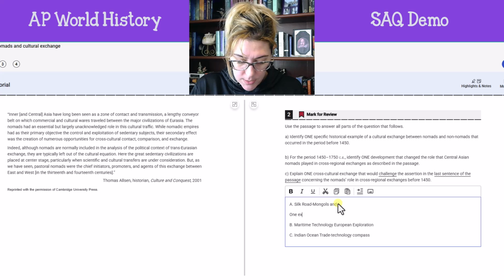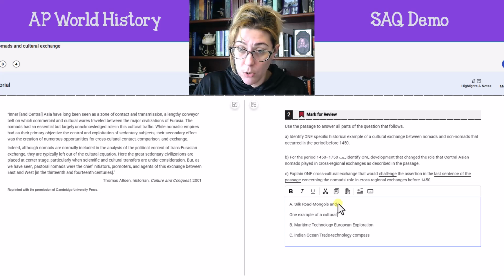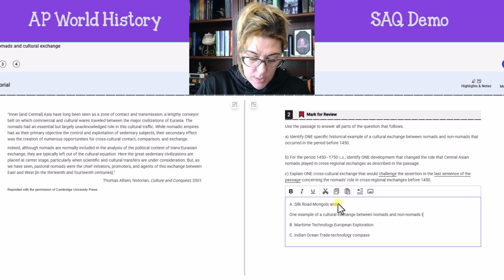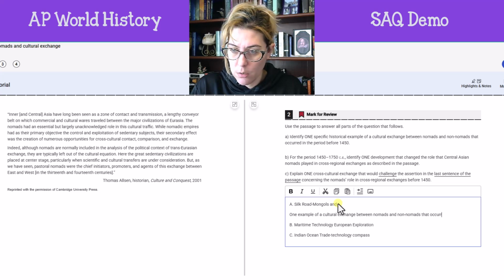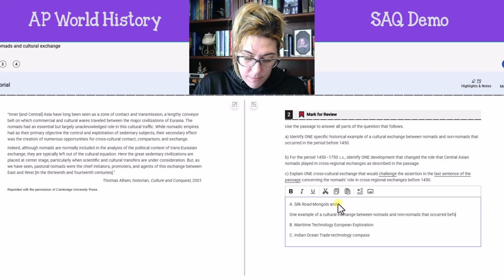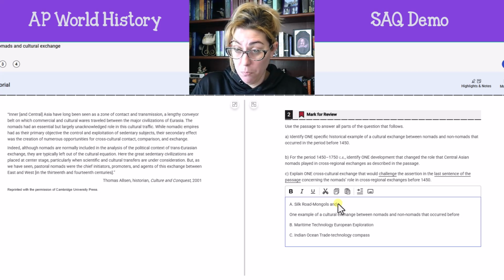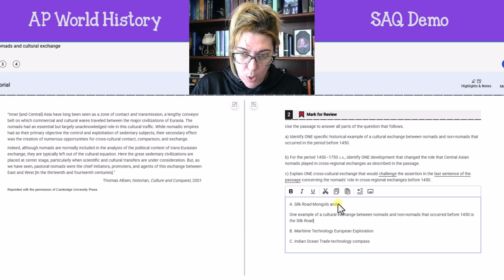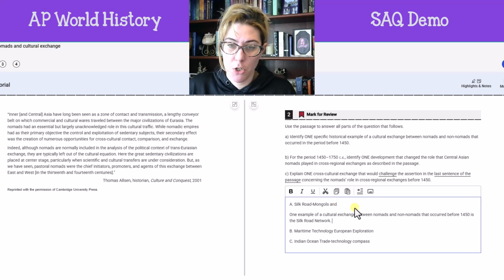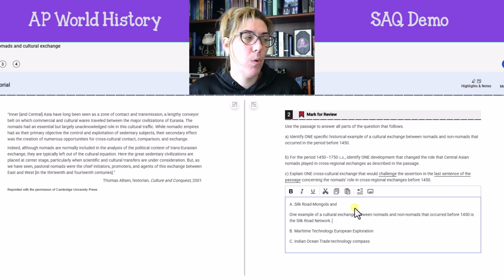One example of a cultural exchange between nomads and non-nomads that occurred before 1450 is the Silk Road network. All right, so what was exchanged? That is cultural exchange. What was exchanged on the Silk Road?